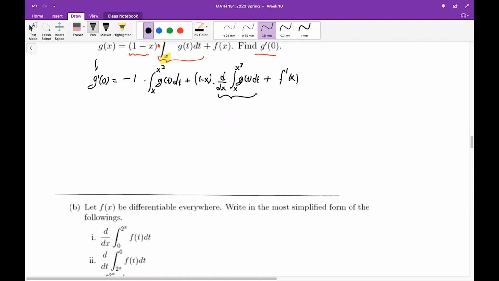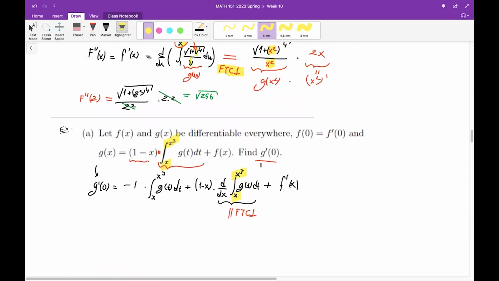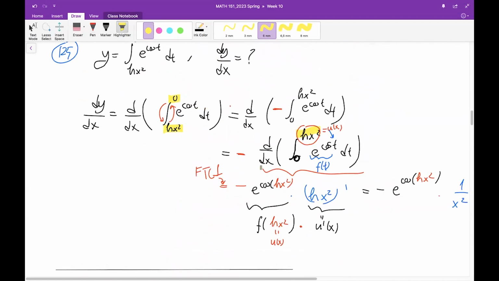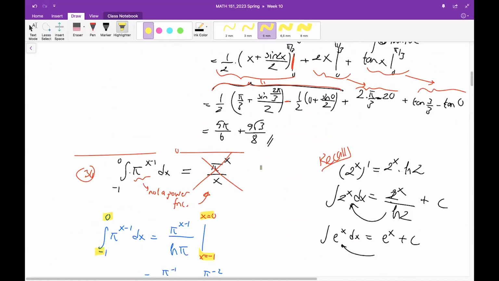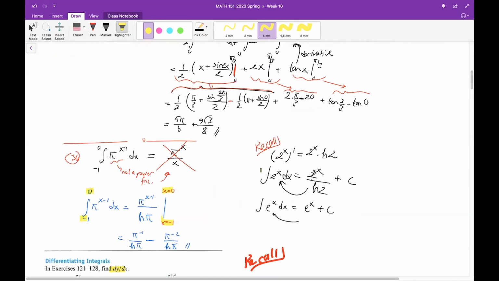What about this? How can we take the derivative of the integral? Of course, you should remember FTC part 1 here in the most general form. We have x-dependent functions for both the upper and lower boundaries. What should we do then? Let's see. I put a recall about that at the beginning. Where is it?